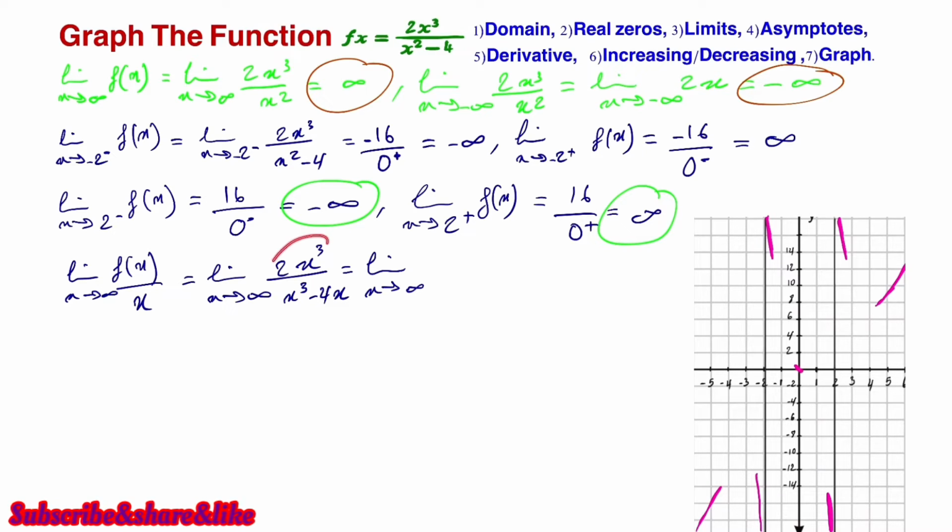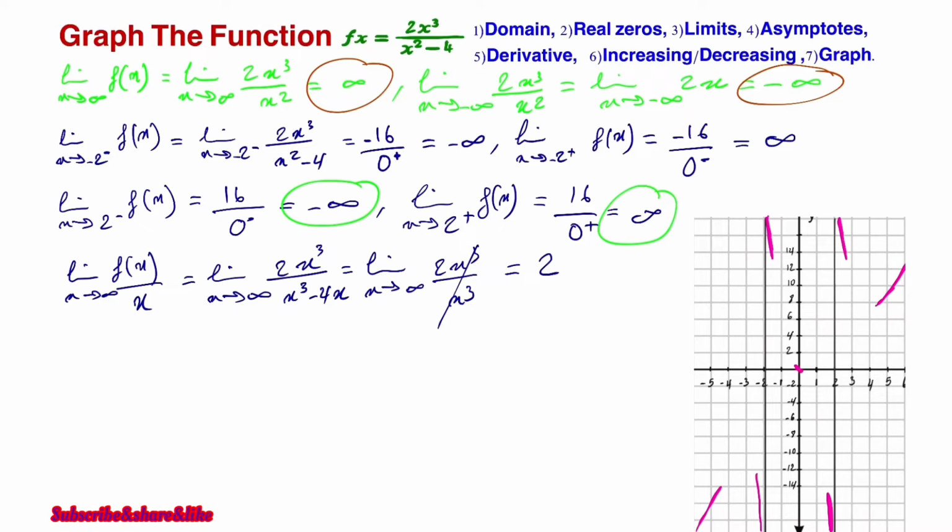We select the biggest powers, x to the third over x to the third, and we cancel this, which gives us just 2.